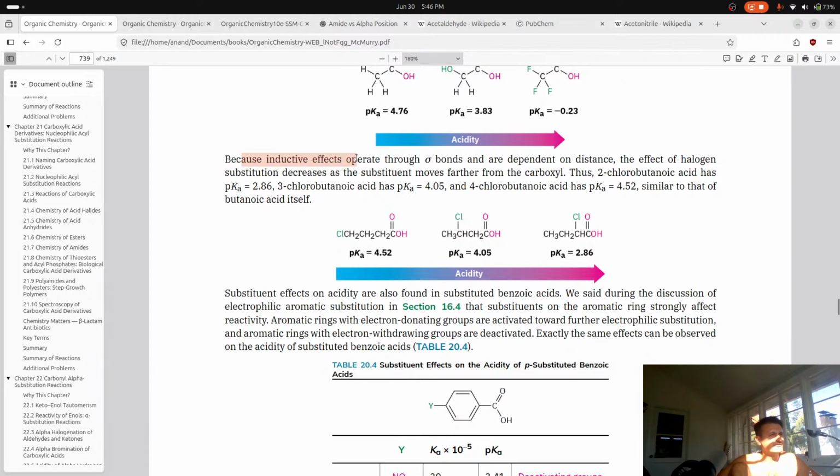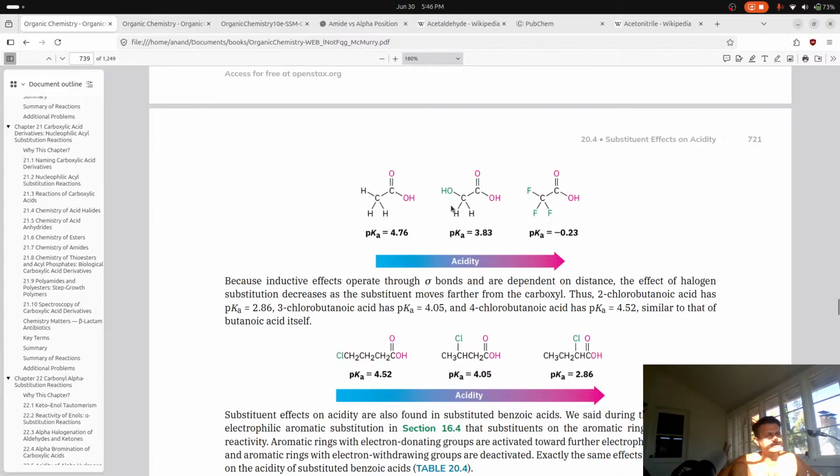Because inductive effects operate through sigma bonds and are dependent on distance, the effect of halogen substitution decreases as the substituent moves farther from the carboxyl. Thus, 2-chlorobutanoic acid, as you move this carbon down the line, you increase in pKa.